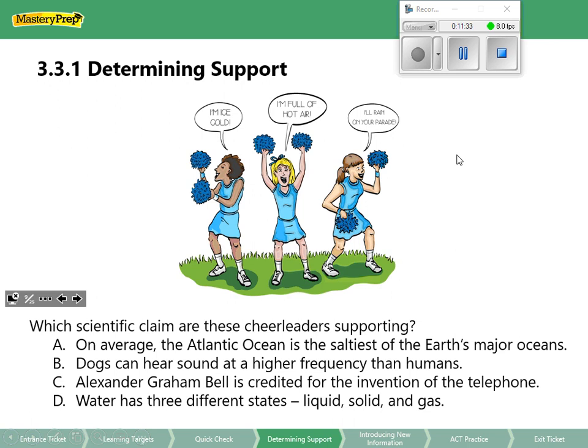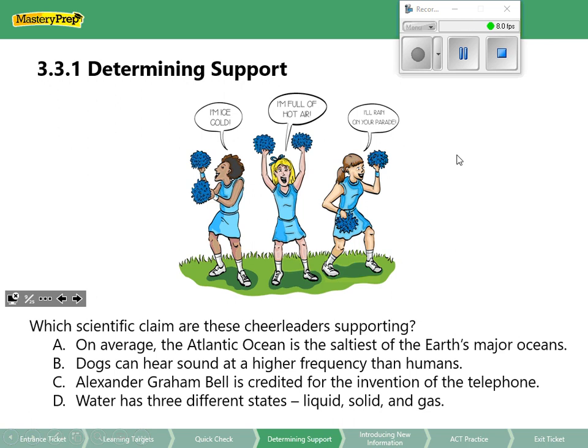So we have, I'm ice cold, I'm full of hot air, I'll rain on your parade. Well, so let's look at this here. On average, the Atlantic Ocean is the saltiest of the Earth's major oceans. Do any of those three statements really support that? Okay. Dogs can hear sound at a higher frequency than humans.